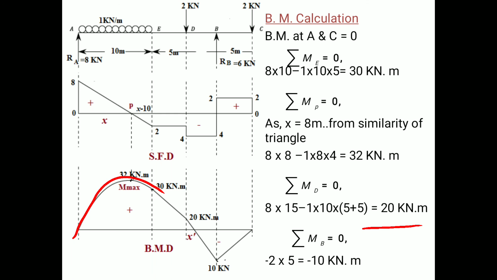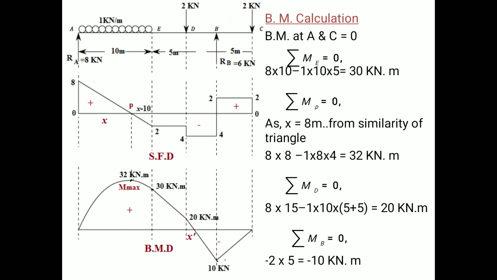Now, beyond point E to D, it will be joined by a straight line. Again from D to B, again we have a straight line. B to C, we will join it by a straight line. So in this manner we have drawn the bending moment diagram.